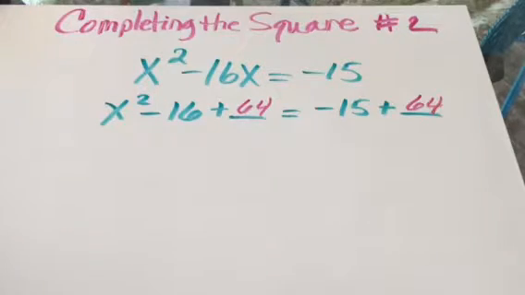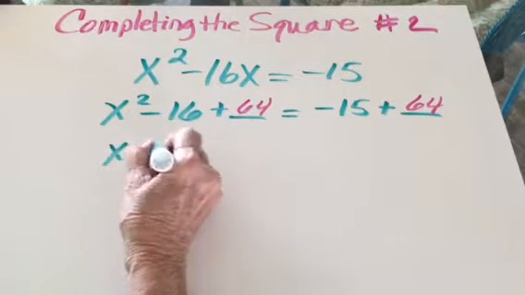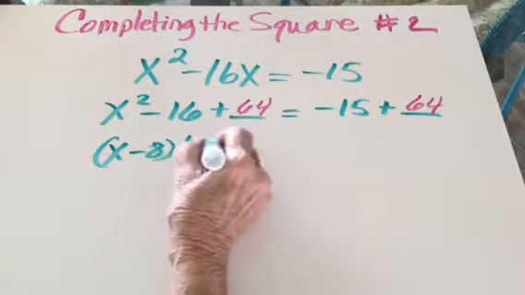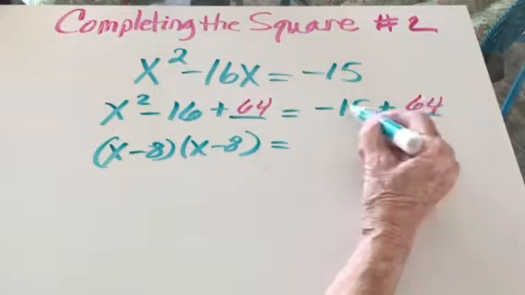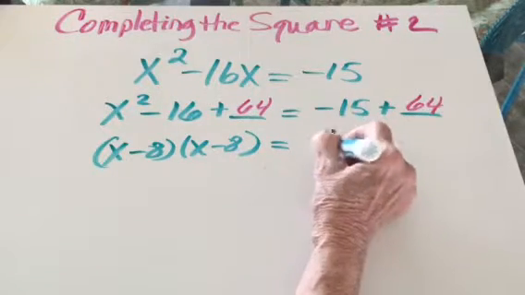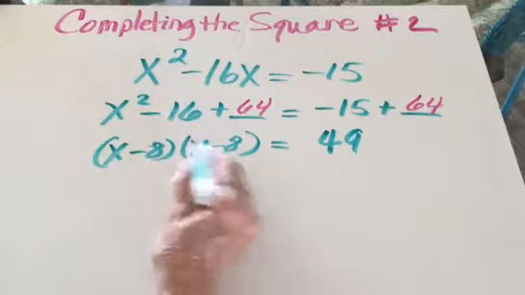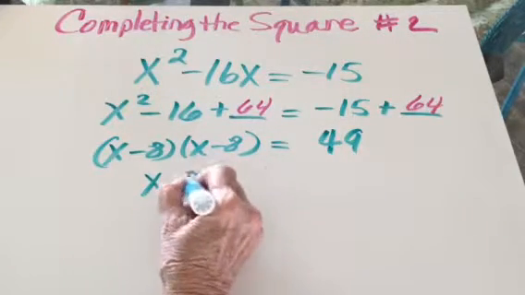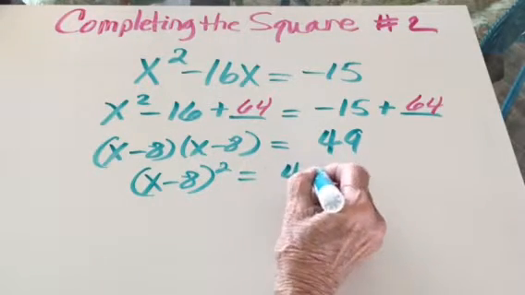So my answer will be x minus 8 times x minus 8 equals, now when I say 64 take away 15, that's going to be 49, I'll tell you right now. Computer or calculator problem. All right, this is just x minus 8 squared equals 49.